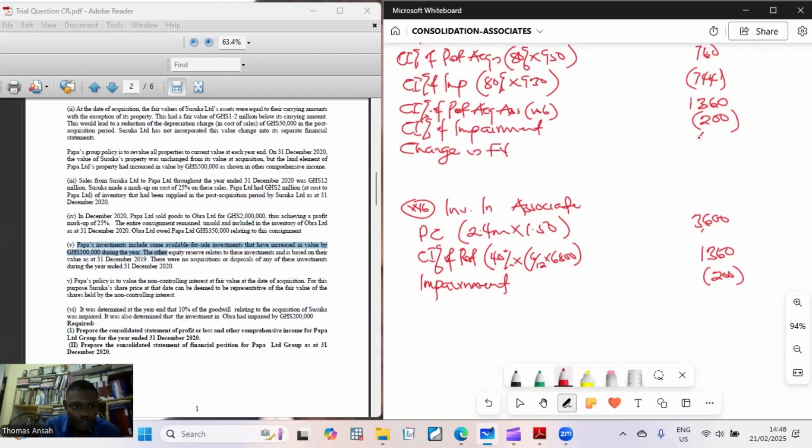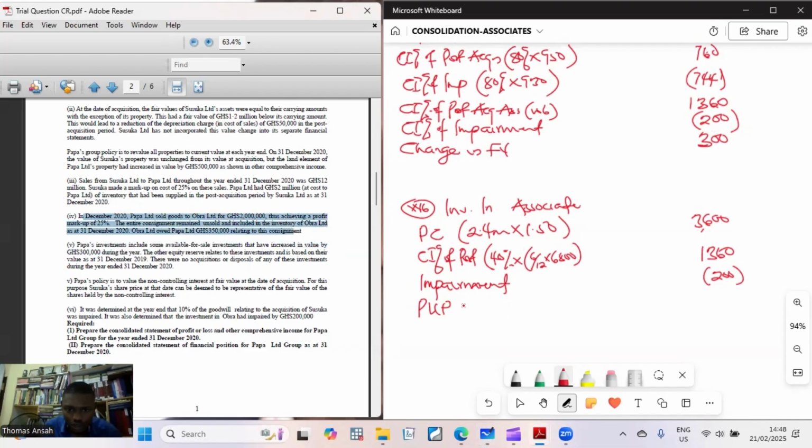And that is 300. All right, so that is that. As far as the associate is concerned, there was also a PAP on it, right? When they sold to them, where is it? They made a sale. You read it before. Yeah, he sold to Obra.